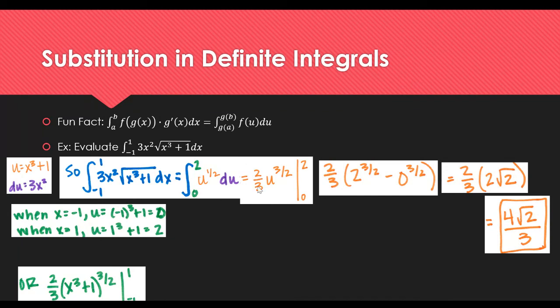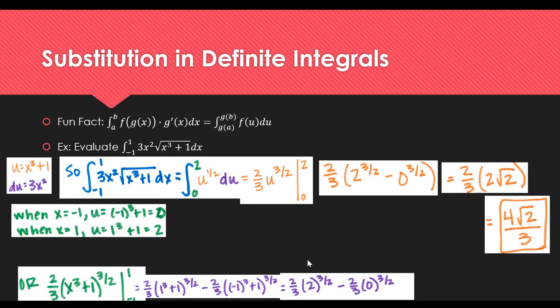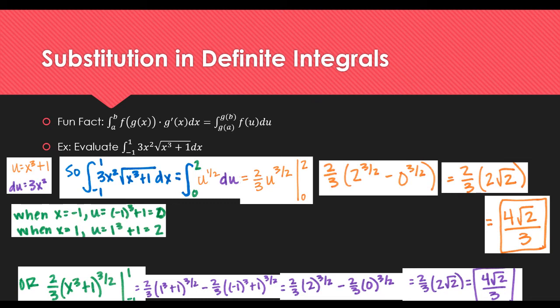So right here, where I have that 2/3 u to the 3/2, replace your u with x cubed plus 1, and then plug in your 1 and your -1. So if you do that, you plug in your 1, you plug in your -1, you simplify, and you still get the same answer. This is the way we typically use, but you could also do it that way if you like that way better.